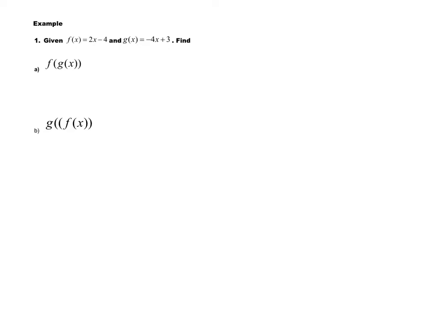If I'm given f of x, which is 2x minus 4, and g of x, which is minus 4x plus 3, find f of g of x. I'm going to take the f function, which is 2, and then instead of x, I'm going to use g of x. So this is going to be minus 4x, negative 4x plus 3.